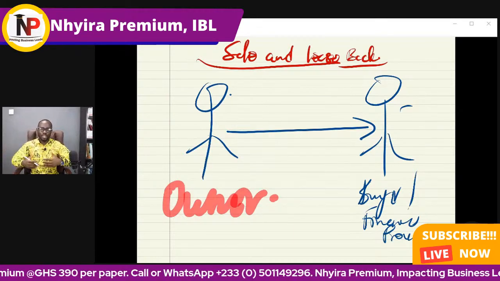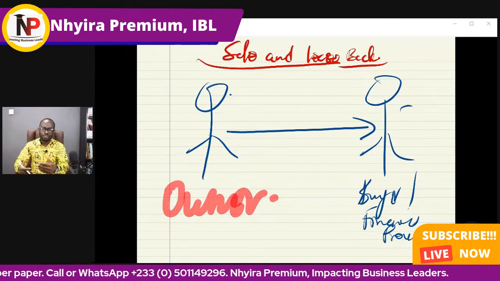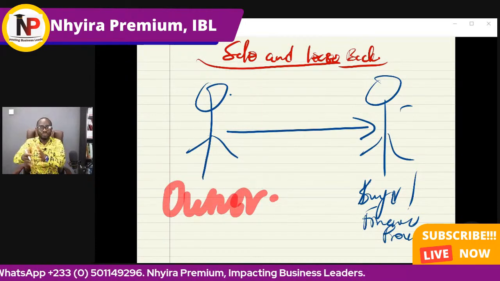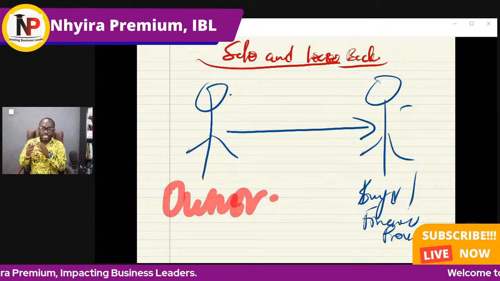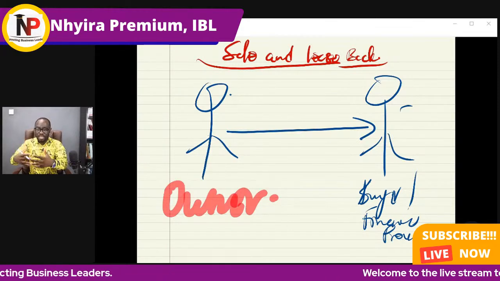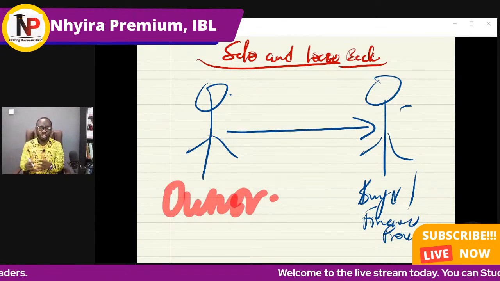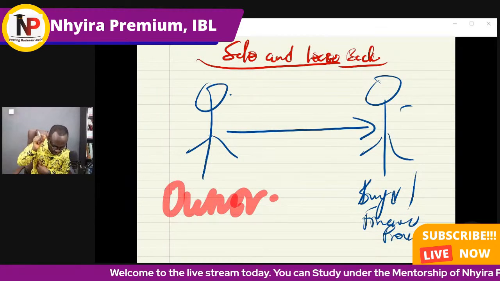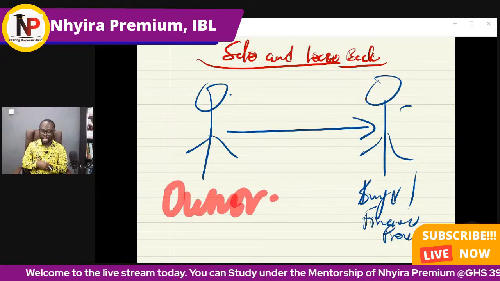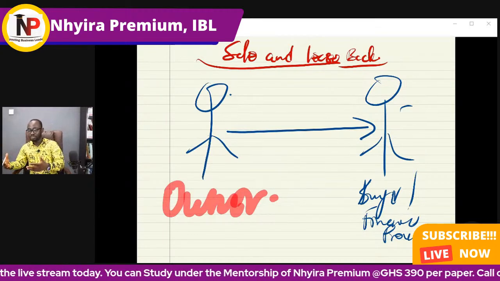However, if the performance obligation is satisfied as per IFRS 15, revenue from contracts with customers, meaning there is a transfer of risks and rewards on the asset, then in that case, it is a sale.